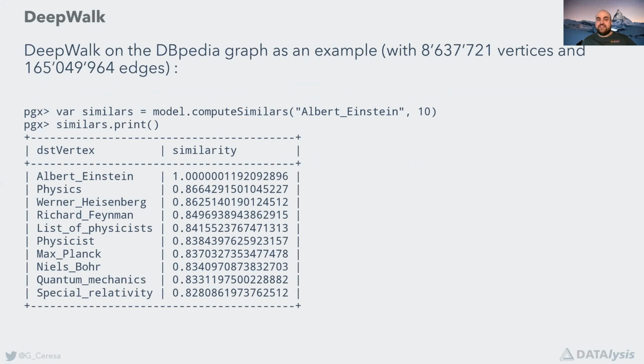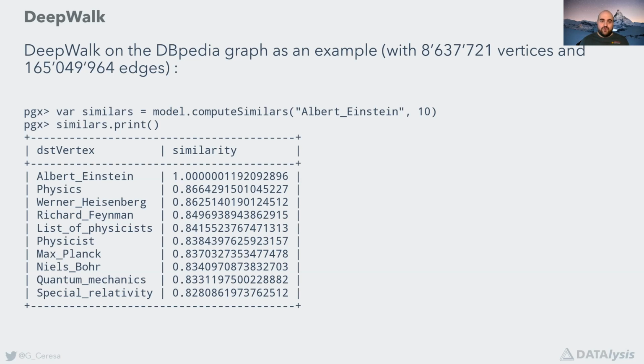A practical example of DeepWalk done by PGX. If you take the DBpedia graph, which is the English Wikipedia graph, all the pages, all the categories, all the connections, it is 8 million and something vertices, 165 million edges. It takes a bunch of RAM, so you better have enough CPU and RAM for it, but you can do it.